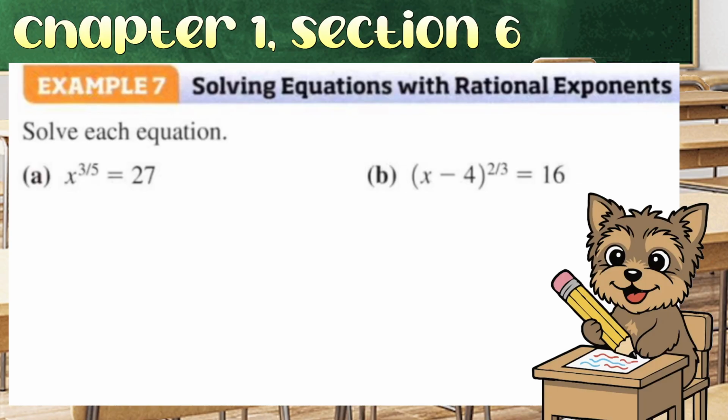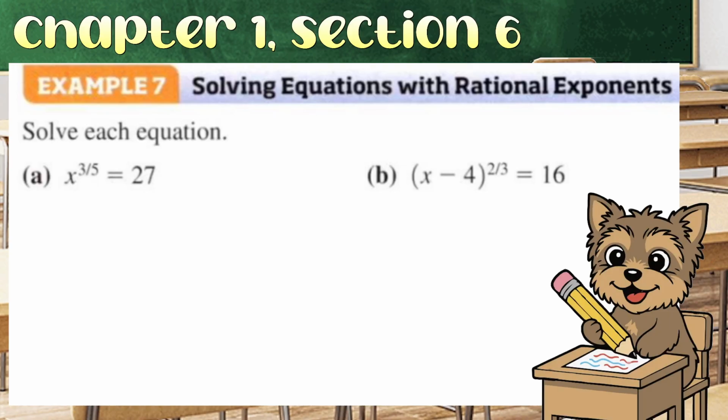Similar to solving radical equations, we're going to isolate the radical or isolate the expression that's raised to the rational exponent, right? So this is already isolated, so we are good to go. So I'm going to raise both sides to the reciprocal power. I don't need to break this up into multiple steps, okay?